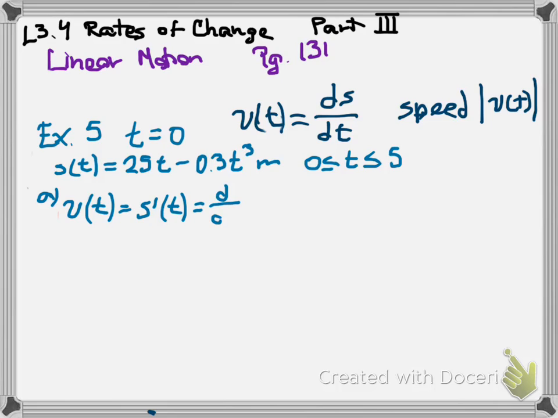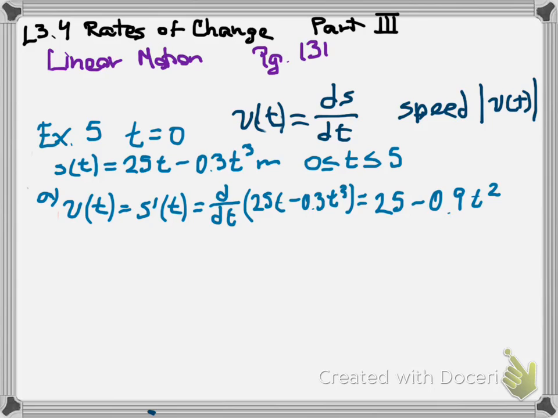It is the derivative in terms of t of 25t minus 0.3t cubed, which equals 25 minus 0.9t squared. Okay, and at what time was it entering the ramp? At t equals 0.